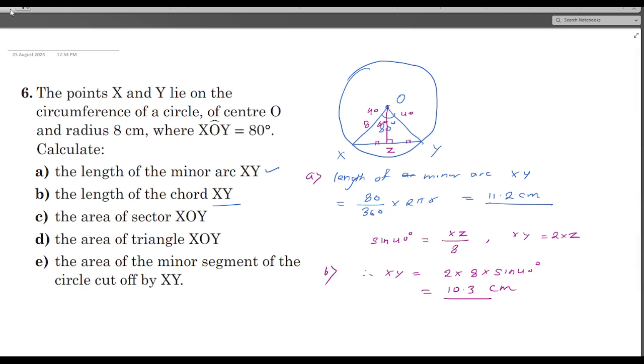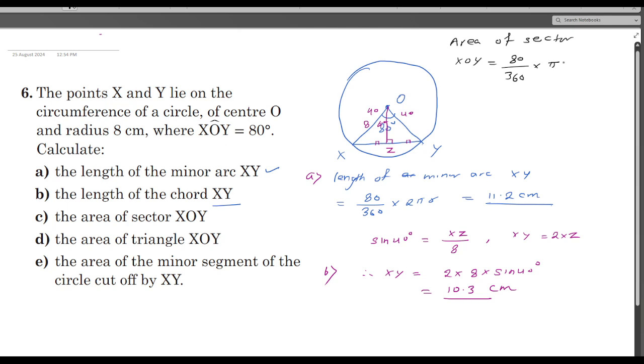Now question C. Question C is area. So your area of sector XOY is equals to, again it is fraction of total angle at the center times your total area of circle, which is pi r square.